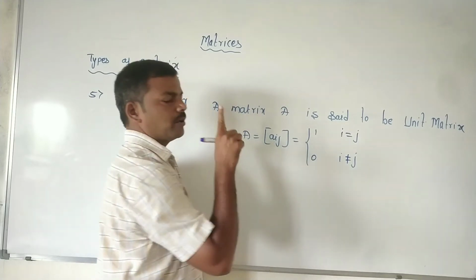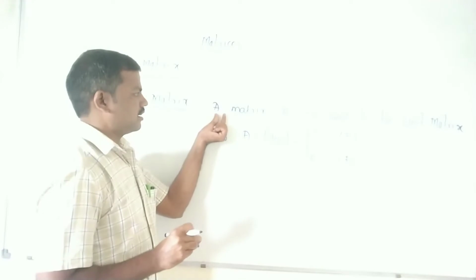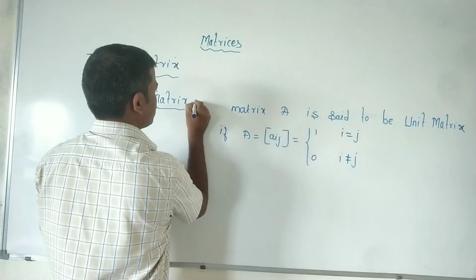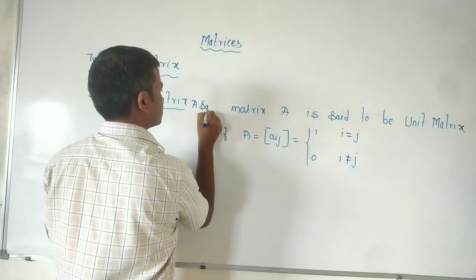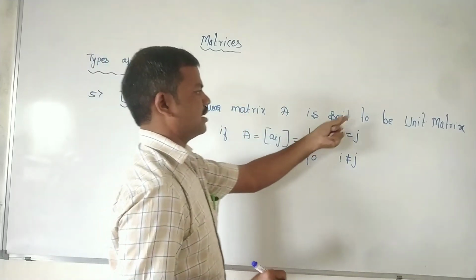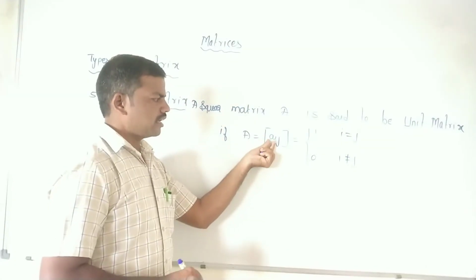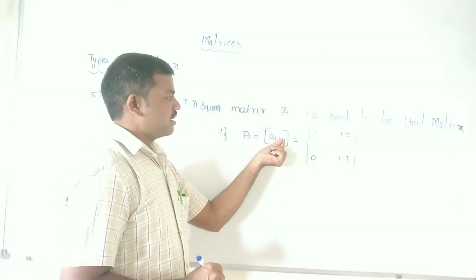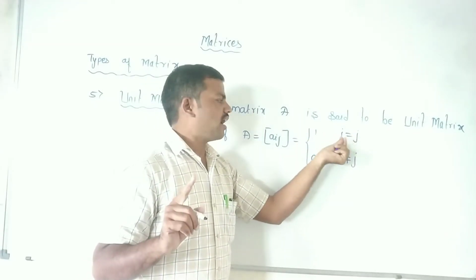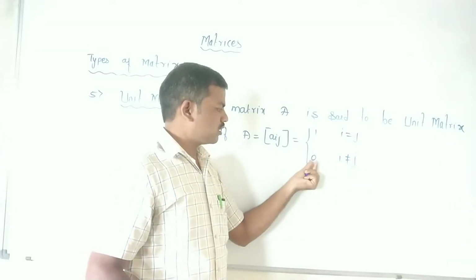First, A should be a square matrix. A square matrix A is said to be a unit matrix if Aij is 1 when i equals j, that is the diagonal, and the remaining, when i is not equal to j, are 0.